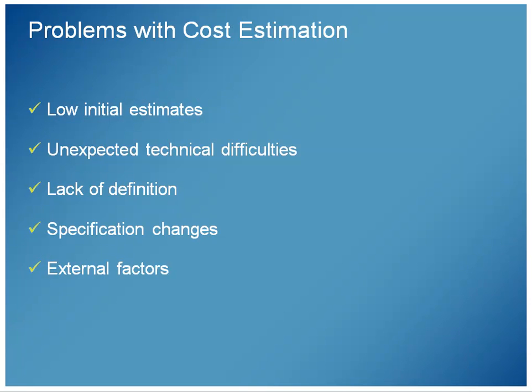It's always a good idea to be cautious because there are things that are going to be beyond your control. First of all, low initial estimates. Sometimes cost estimations are off because of low estimates. Now, sometimes the estimate is low because of poor planning or poor vision of what's going to happen, not thinking through all the different parts and making a mistake. Other times, a lot of times estimates are low because there's an unintended reward mechanism built into having a low bid.